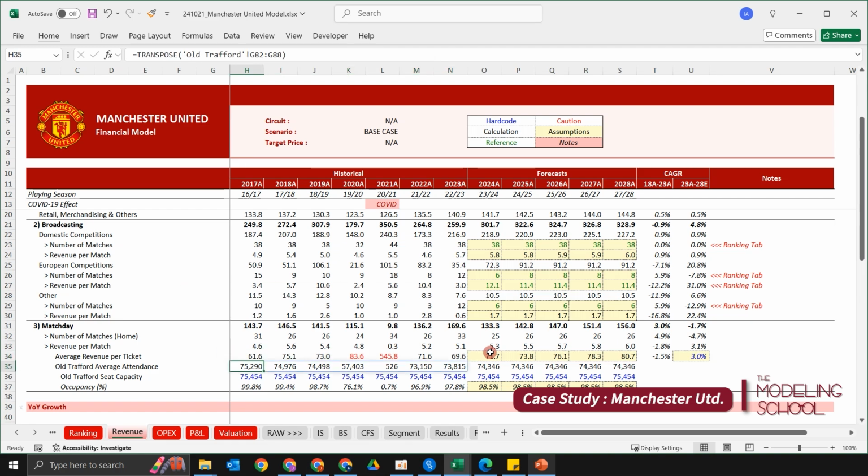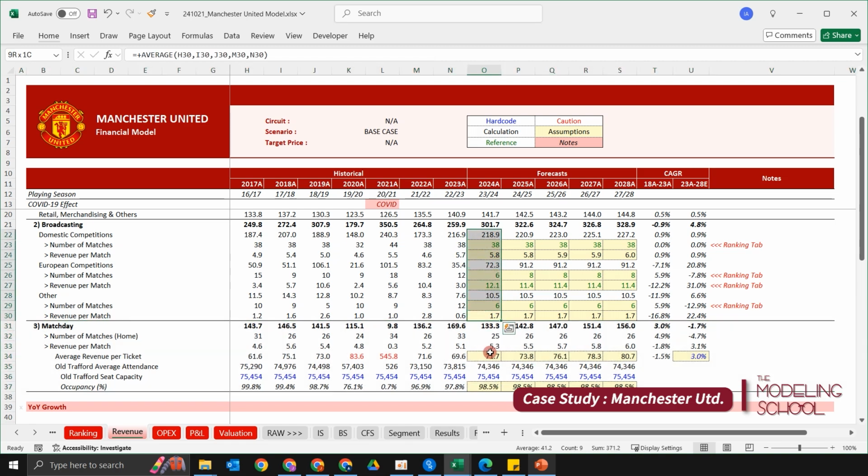And of course the Old Trafford seat capacity didn't increase either for almost the last 10 years. So apparently match day revenue is almost flat unless there are more matches. So again, when it comes to financial modeling and forecasting the future, there's not that much we can do about the match day revenue.